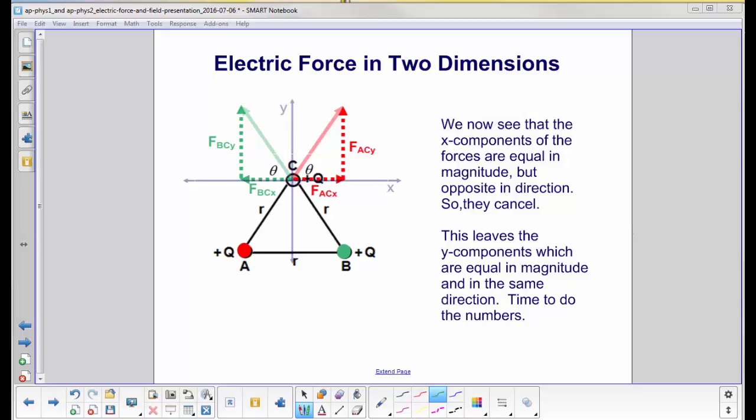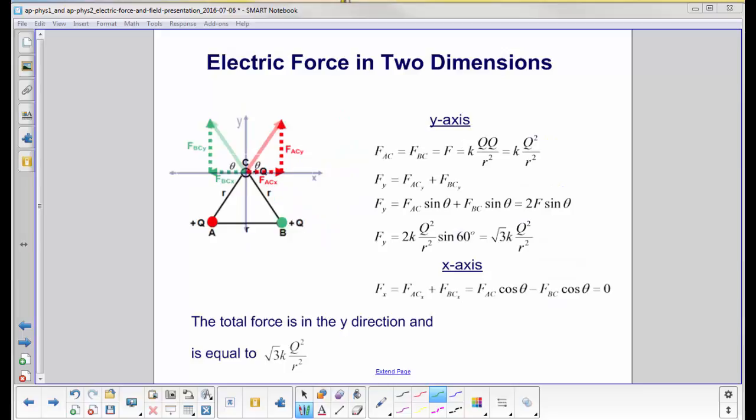So now it's time to do the numbers. The vector resolution we did over here gives us the direction of the forces. So we've already stated how the x components are going to cancel out, and the y components are both in a positive direction. They're both pointing up. So when we calculate, FAC is equal to FBC, and that just equals the force.